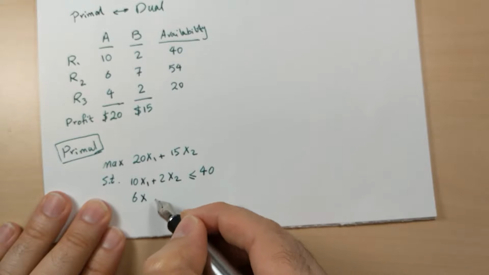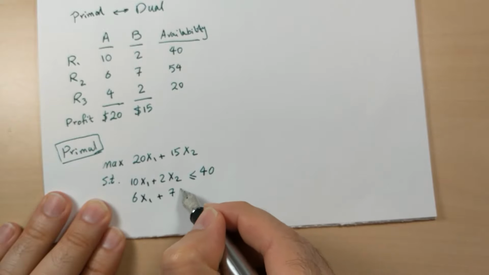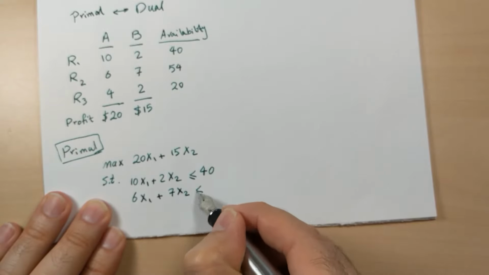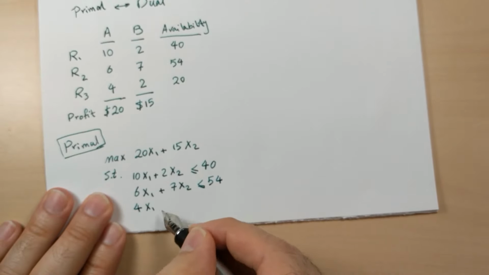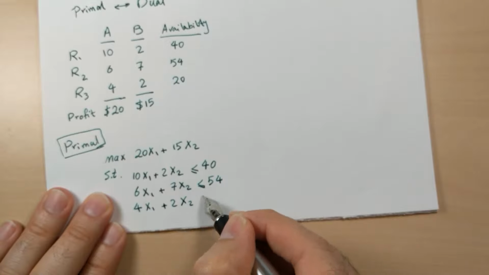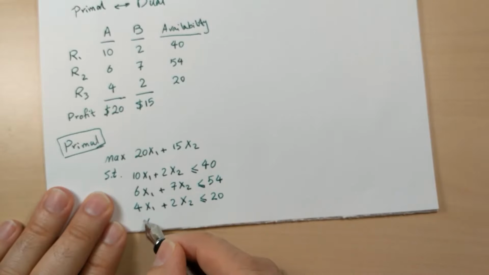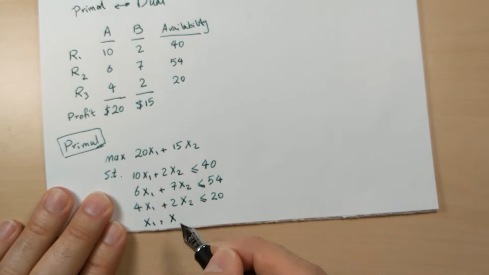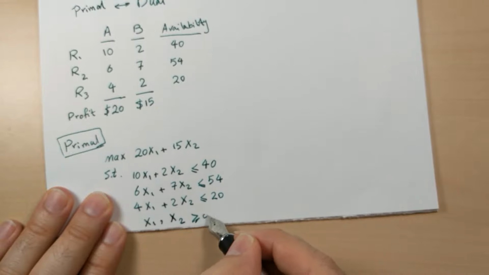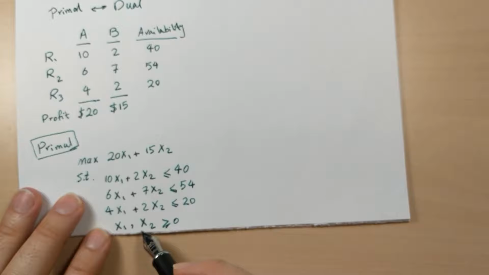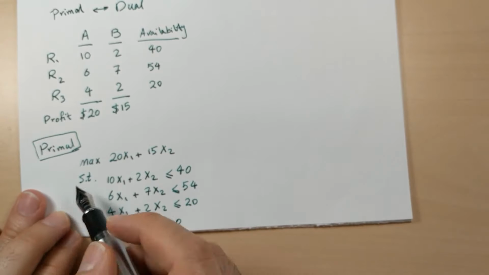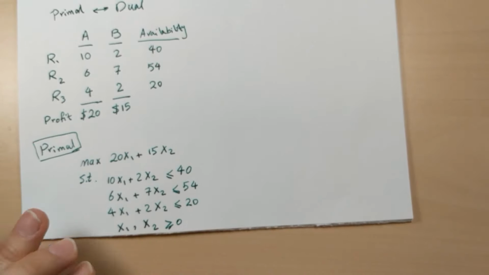Similarly for resource 2 and resource 3, we have three constraints. The amounts of production A and B cannot be negative numbers, so we have non-negativity constraints as well. This is our primal problem.